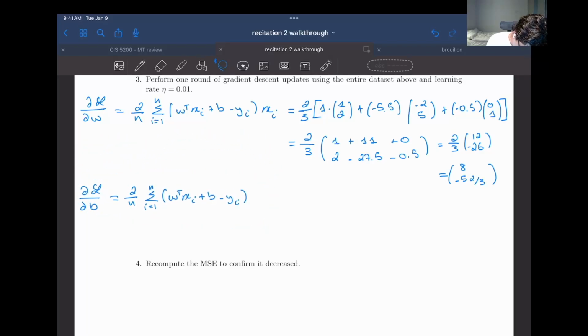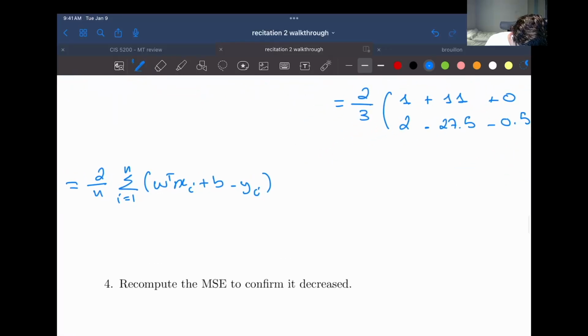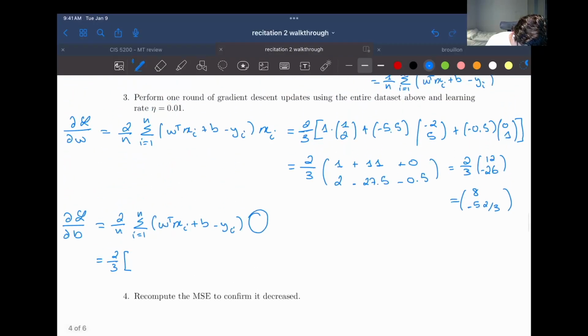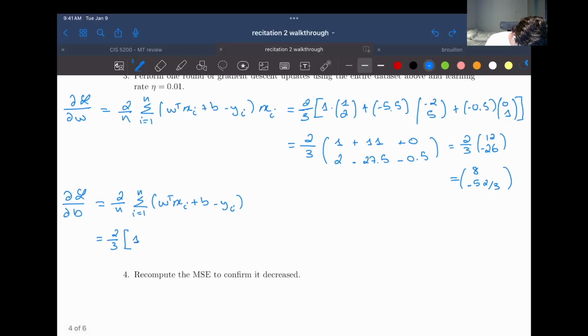Okay, I'll compress everything later. But now for this guy, well, it's the same thing, right? We already have everything from above. So it's 2 over 3. And we have all the individual terms. We don't have to multiply by any xi's here, so it's going to be much easier. It's 1 minus 5.5 minus 0.5.